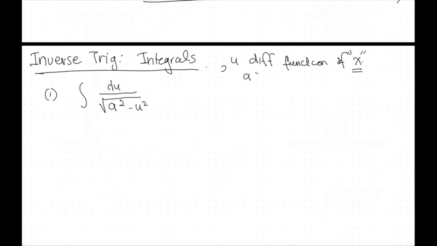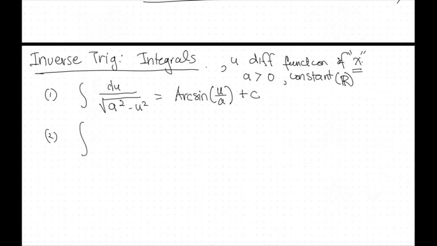Here a is greater than 0. This is a constant. I will write this above here. Of course, when I say constant, this is a real number. This integral is just arc sine. The convention in our notes is to use a capital letter for arc sine. So it might be good to just follow this convention for uniformity.